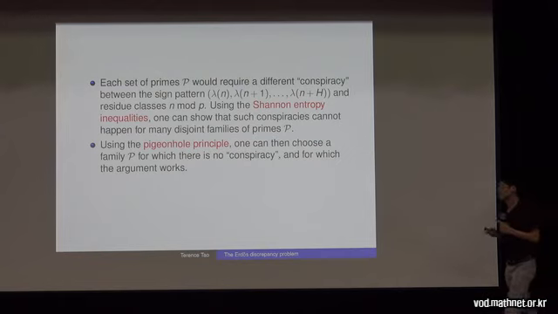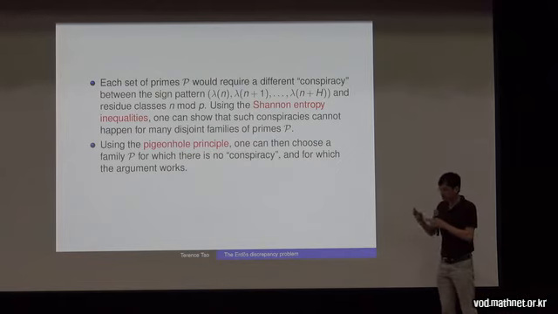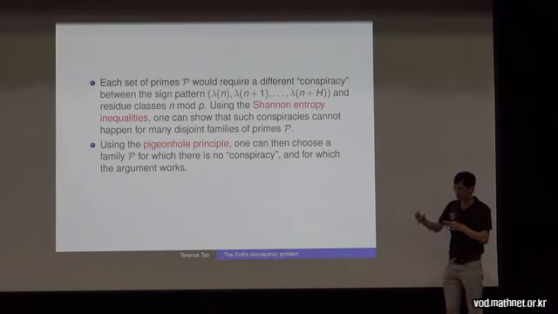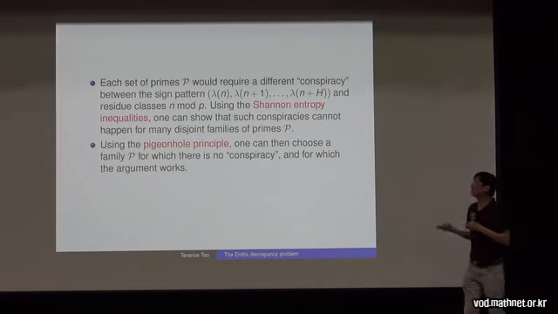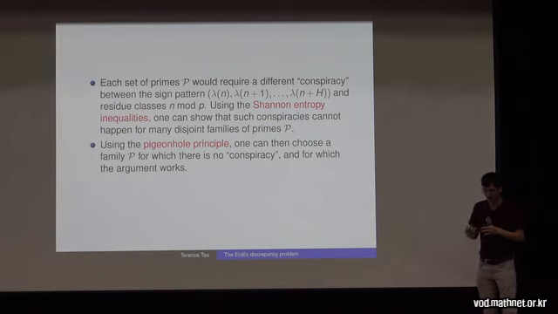But the last trick is that these primes p are drawn from some set of primes, which I call script P, and you get to pick which set of primes to use in your argument. And it turns out that each set of primes behaves independently, and it is possible that this sign pattern could share information with one set of primes, but that uses up some of its entropy. And then there may not be enough entropy left to also share information with a different set of primes.